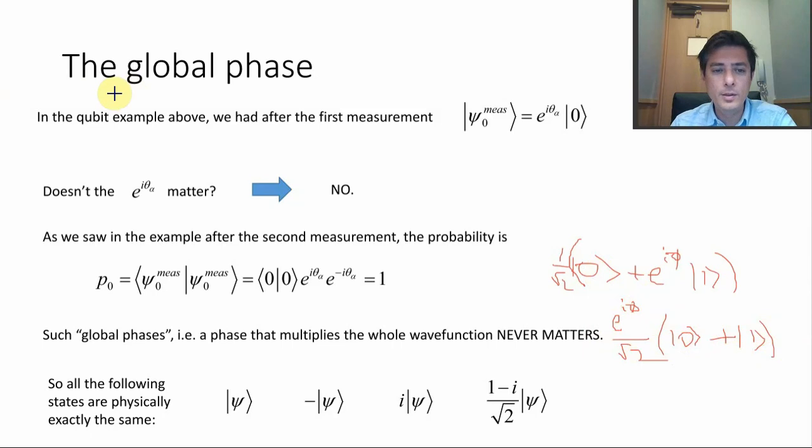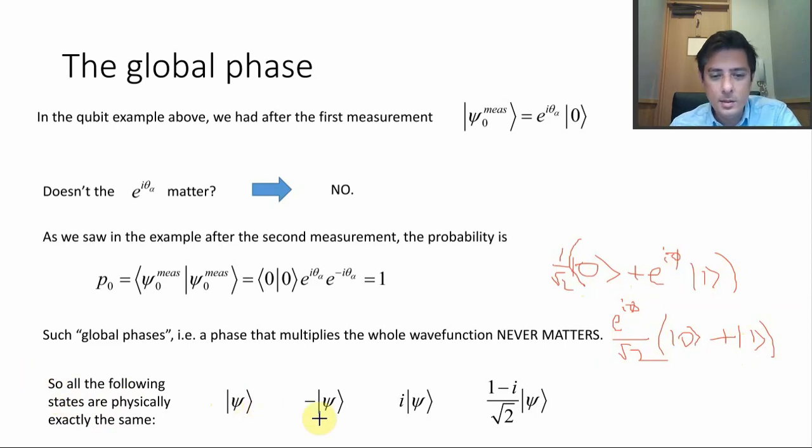This is an example of a global phase. The other is an example of a relative phase, because the phase is only on the 1 and not on the 0. So this is not a global phase, and it's important to keep any phase here, whereas here it's not important at all.